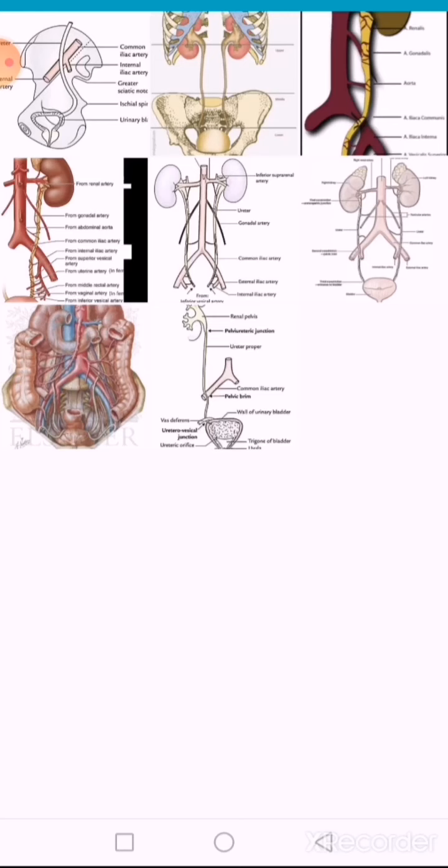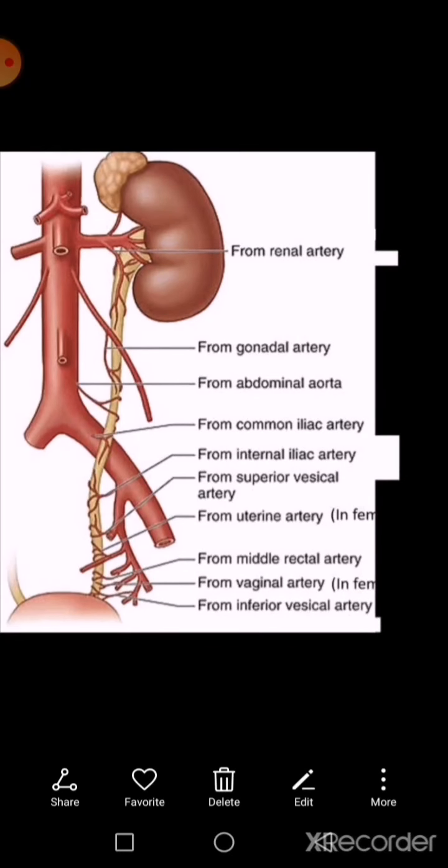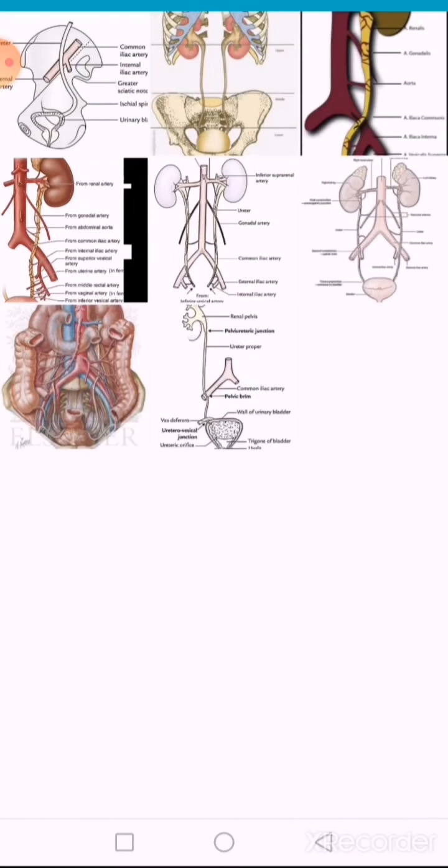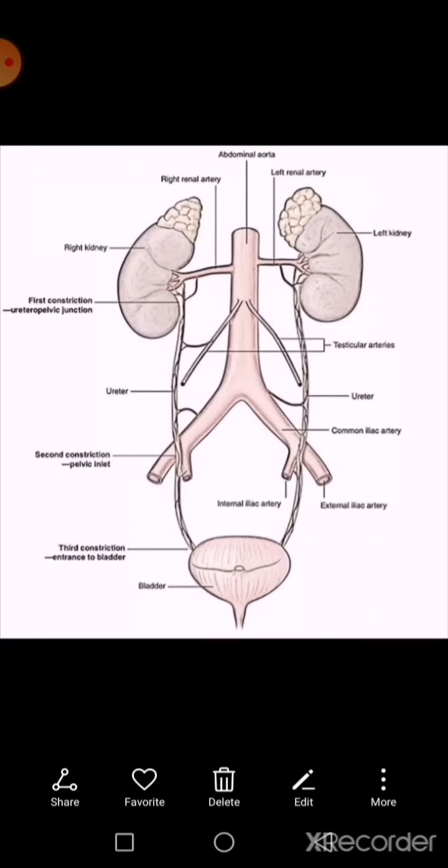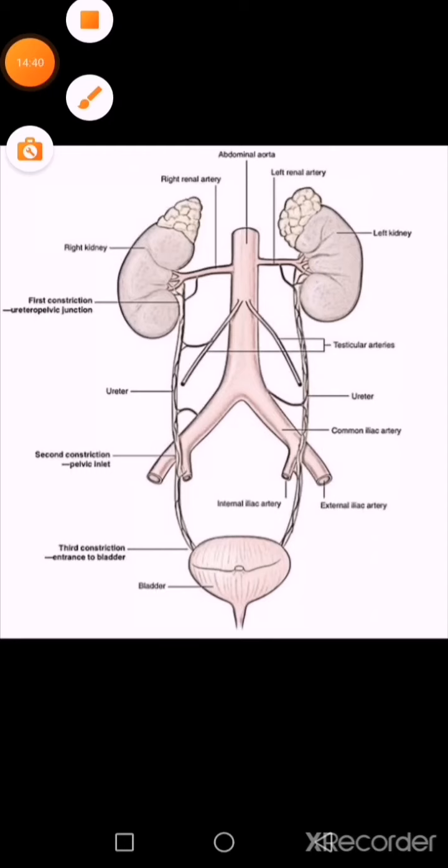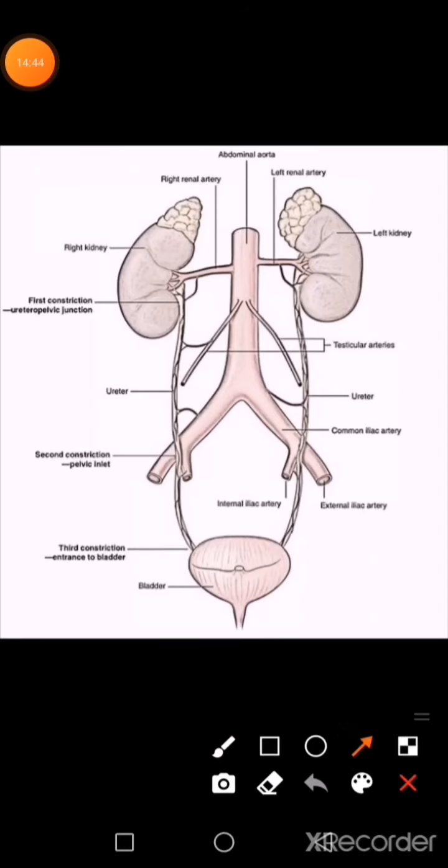In these images you can appreciate it, not as much as this one. You can quite easily appreciate that the internal iliac artery as well as its anterior trunk are also considered as posterior relations. Internal iliac artery, its anterior trunk, as well as the internal iliac vein.